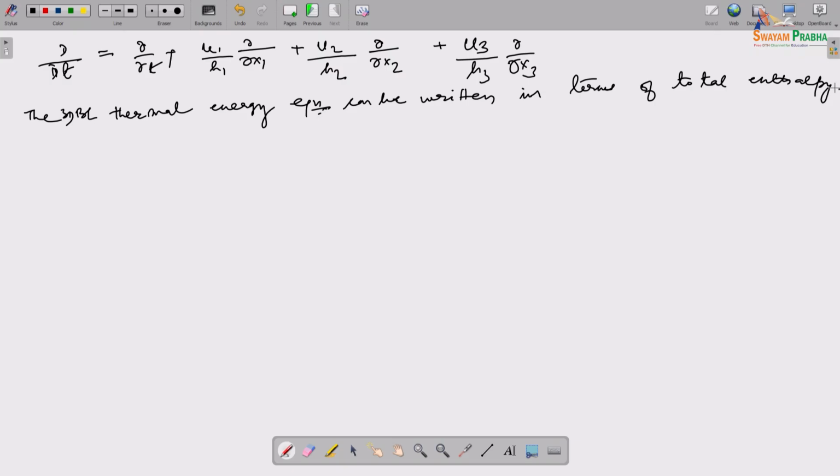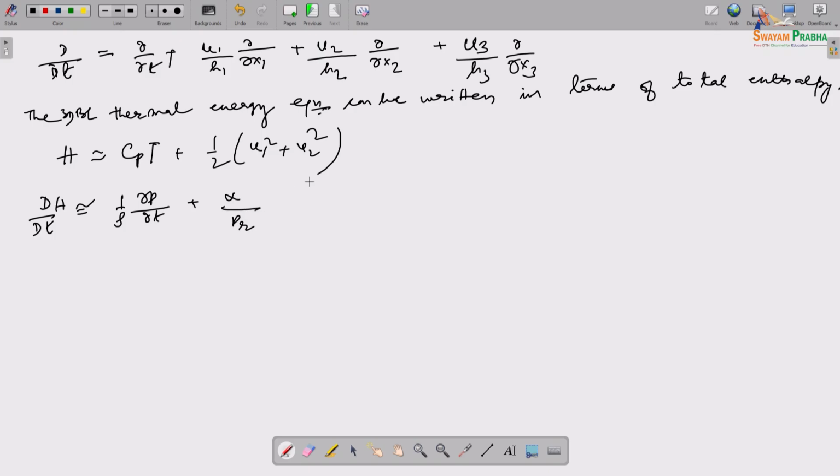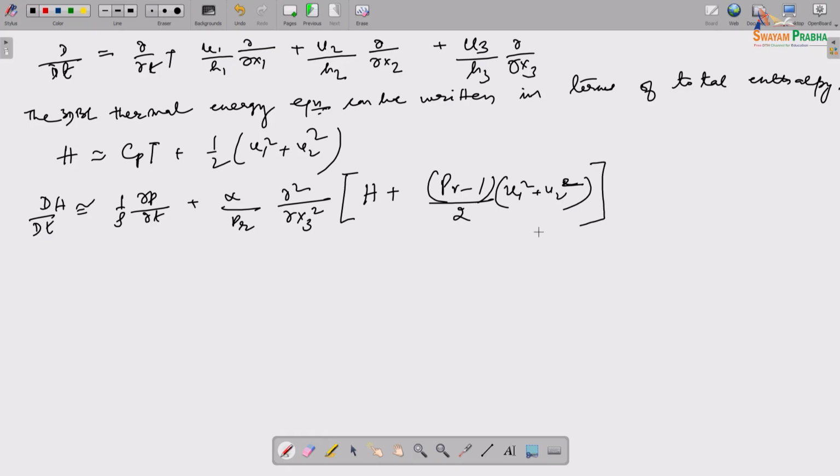So enthalpy here, and then, okay. What PR, of course, PR is, if you've not already noticed, the Prandtl number.